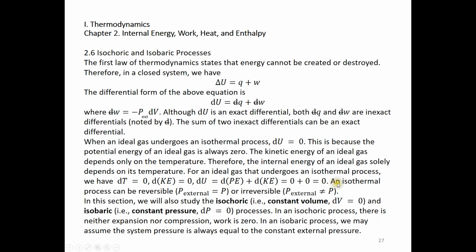Later, we'll learn that an isothermal process can be reversible or irreversible. When P external is always equal to P, the process is reversible. When P external is different from P, the process is irreversible. Later, we'll learn that a reversible process does not involve any change in the entropy of the universe.